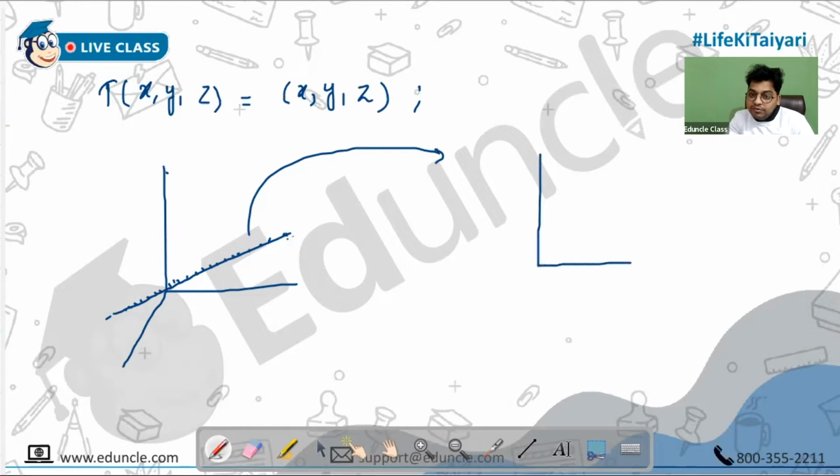That will be this line, the same line. Line into line.